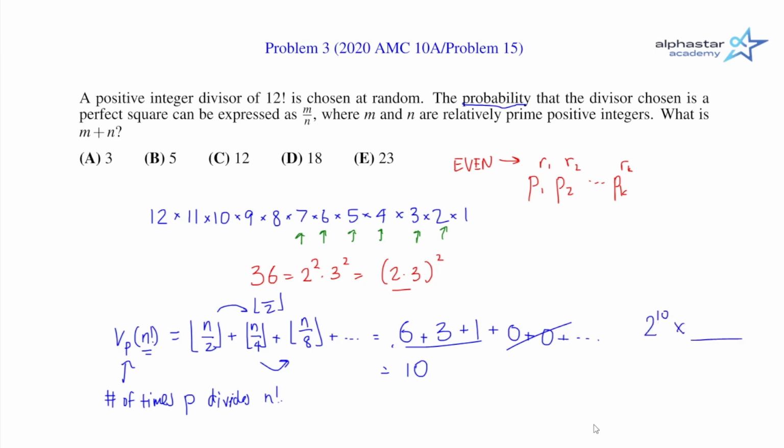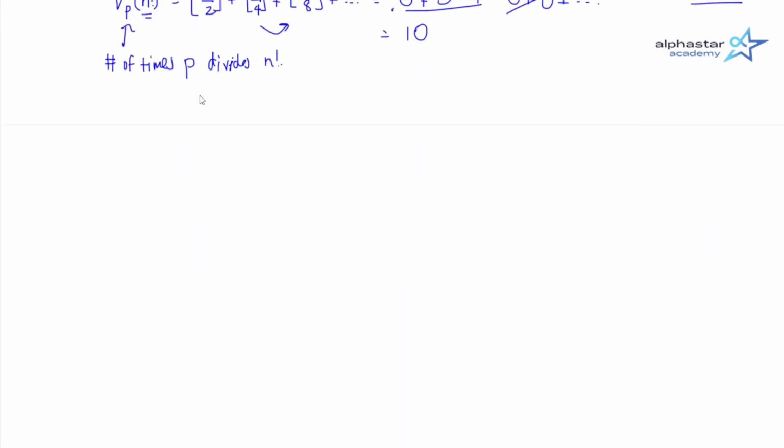And we can repeat that for every prime less than 12. We know that 3 divides 12 factorial a couple times, then 5, 7, and 11. And notice that no larger prime can possibly divide any number between 1 and 12, so those are the only primes in 12 factorial. For 3, we get 12 over 3 is 4, plus 1 is 5.